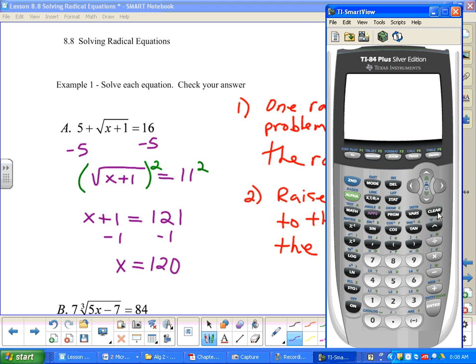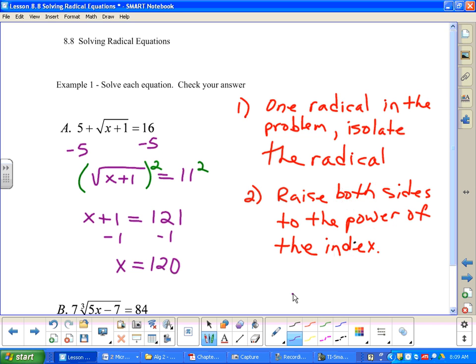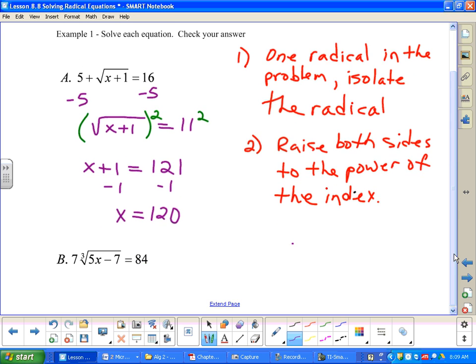So we've got 5 plus the square root of 120 plus 1, and enter, and that does equal 16, so we did it correctly. So you want to make sure you do check your answers to make sure that your answer works.